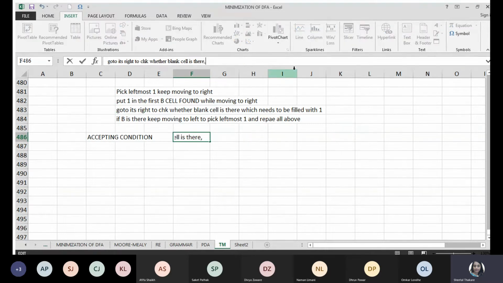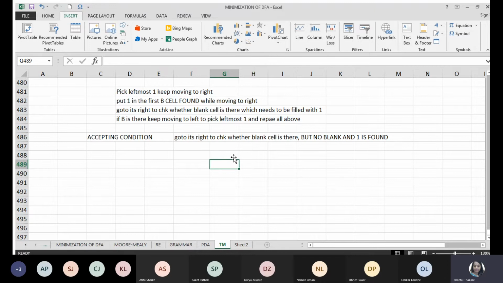But no blank and 1 is found. So it means it's an accepting condition. I hope this is understood. यहाँ पे कुछ confusion है, कुछ doubt है.